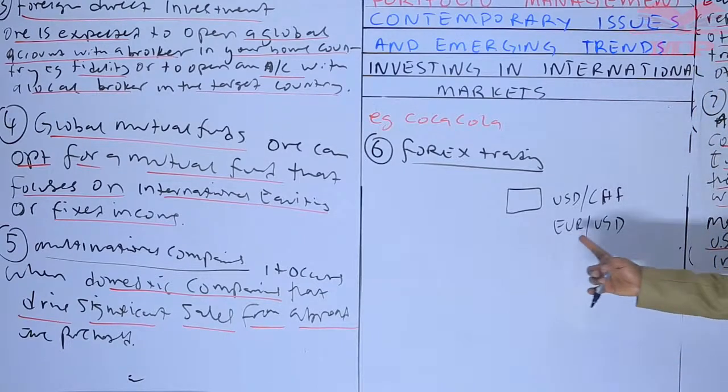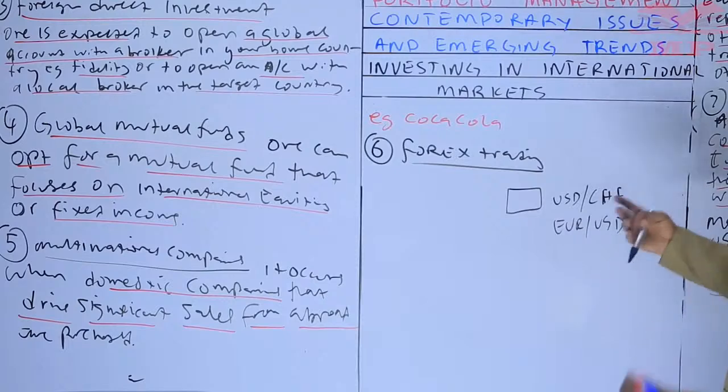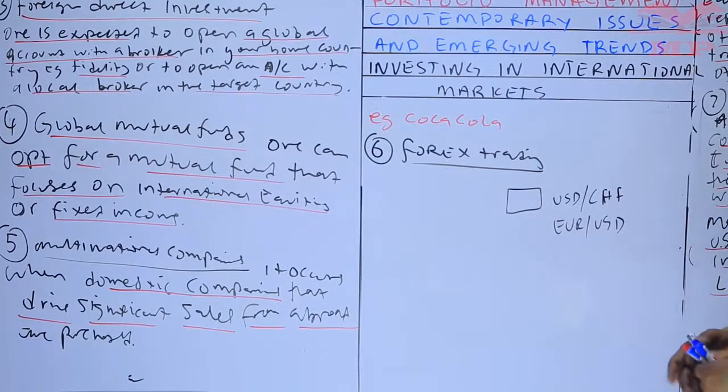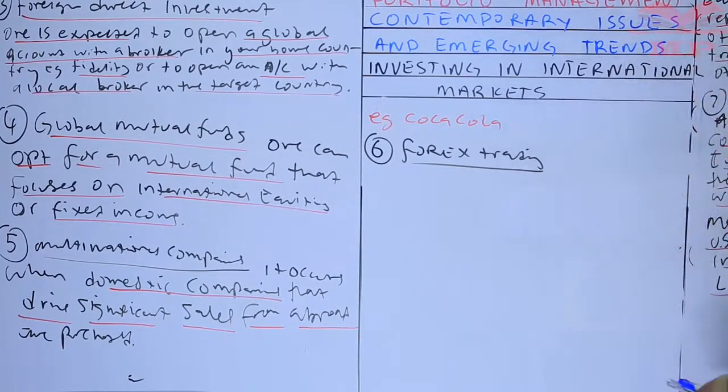So investing in the Euro USD currency pair using forex trading, you are also in a way investing in international markets. This is another way you can invest in international markets, amongst other ways, but these are the most common.